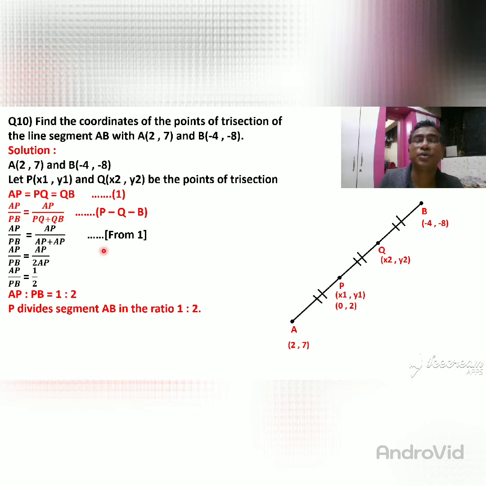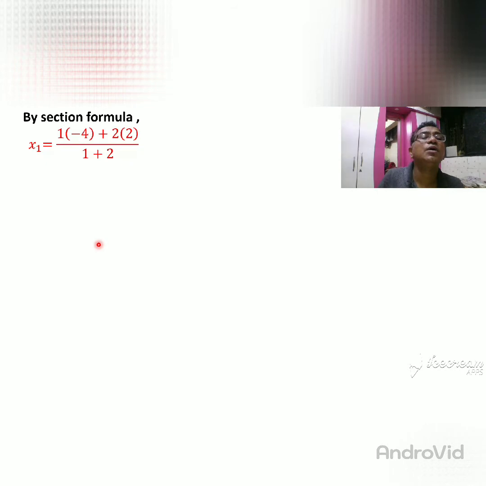So here we substitute the values. m is equal to 1, x2 is equal to minus 4, plus n is equal to 2, x1 is equal to 2. So m plus n, m is 1, n is 2. AP is to PB ratio is what? 1:2. So 1 is the m and 2 is the n. This is the section formula.